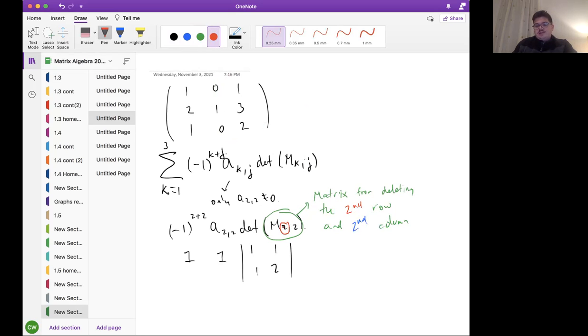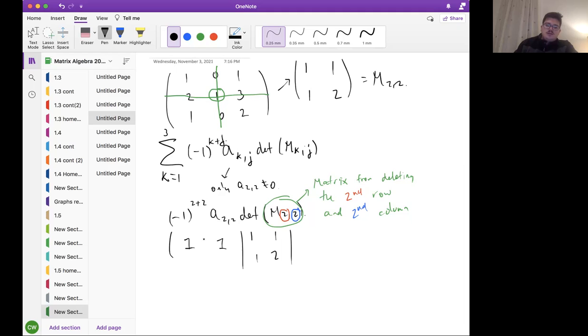The row is determined by here, and then the column by the second number. So here's 2, 2, and now let's eliminate the second column and the second row. So what's left over is we have a 1 in the first row, and then 1 and a 2 in the second row. That's what's left over. You omit that second column and second row and squeeze the matrix down. So this is M22. Okay, great. That's better?